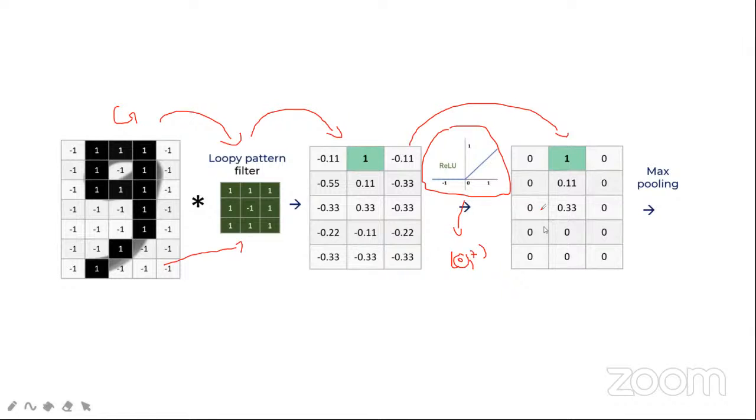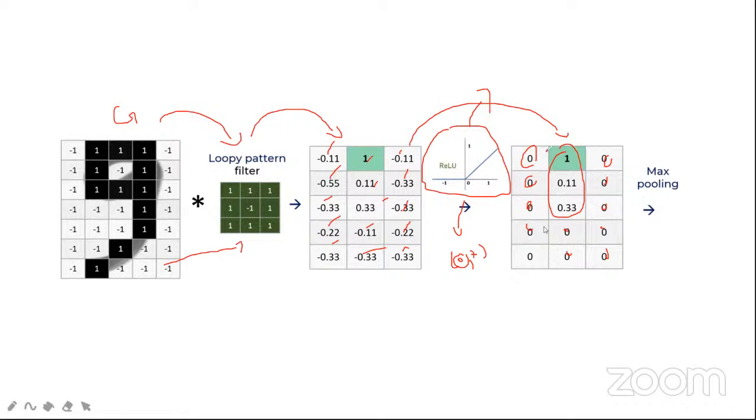Here you can see my input has some negative values, and ReLU turns those negative values to 0. Here I am getting positive values like 0.33 or 1, and they are transferred directly. So that is the use of the ReLU activation function.